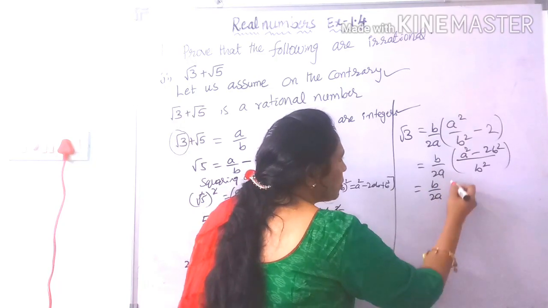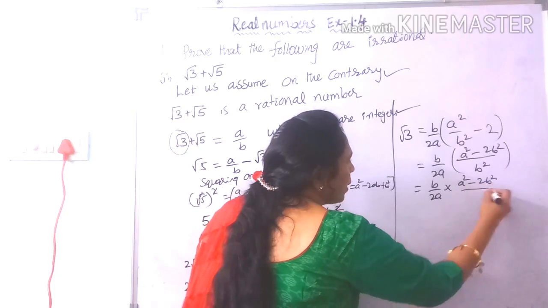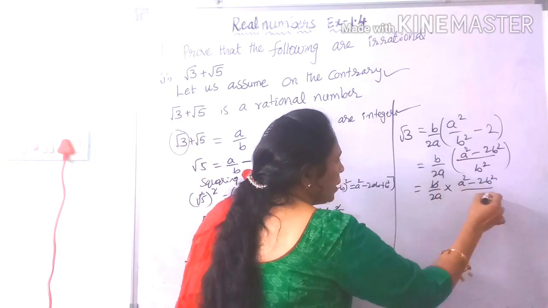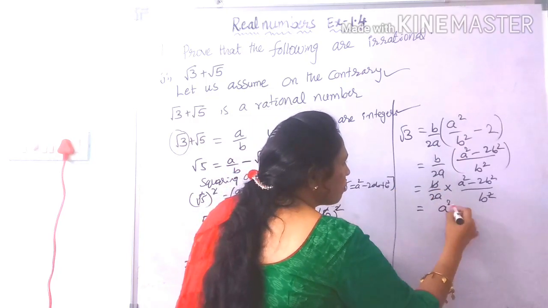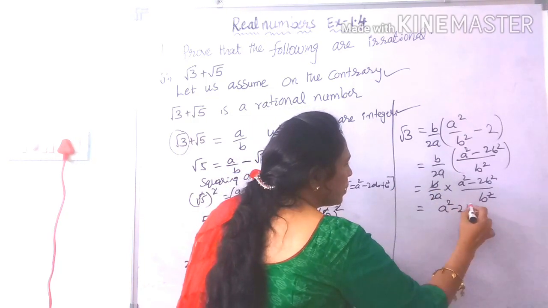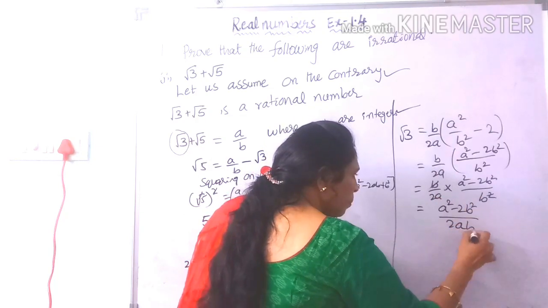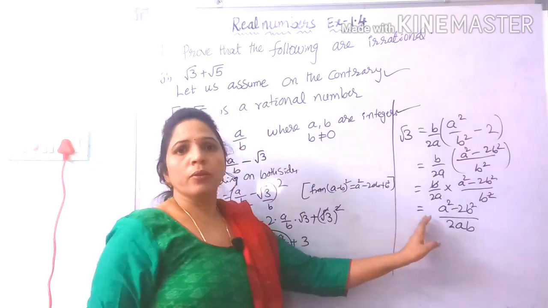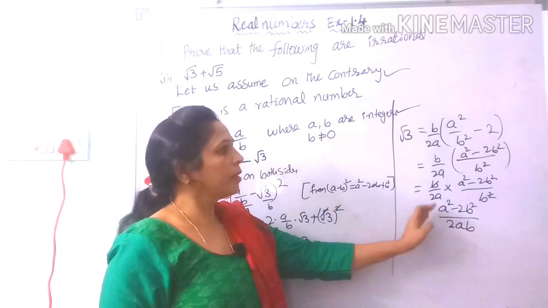I am removing this bracket. a square minus 2b square by b square, b is there, and this one b cancelled. So a square minus 2b square by 2a into b, 2ab. Did you get it?